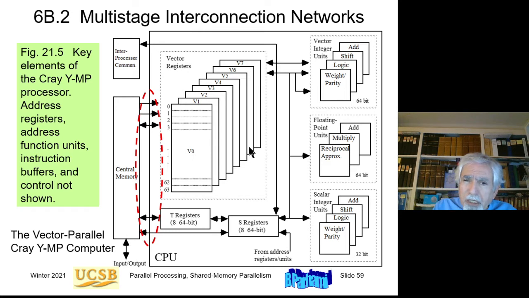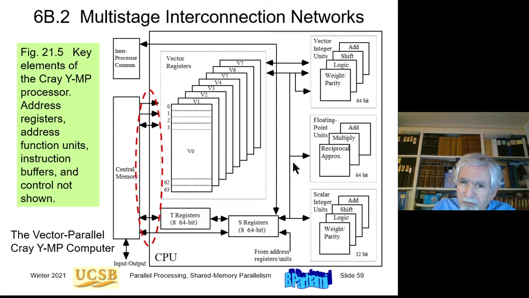And then the machine basically can operate on vectors. So you can add 2 vectors that are in V0 and V1 and perhaps store the result in V2. This machine has vector operations, and these are performed through pipelined arithmetic units.